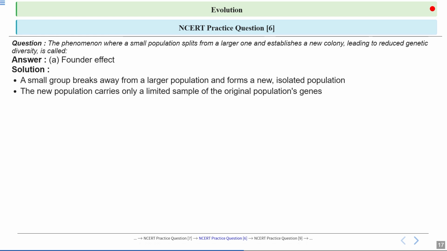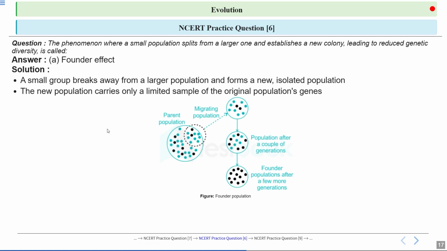Okay, clear? So because of this, now what will happen? The allele frequencies will change. Here, the new population has reduced genetic diversity, and this can lead to unique evolutionary paths. Here you can see in this image, this is the parent population, and a group breaks away from this larger population.